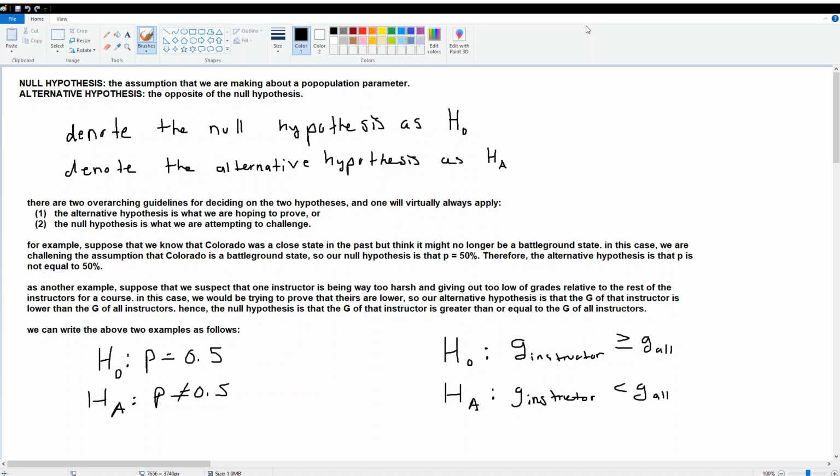We denote the null as H0, which we also call H-naught. Like not N-O-T, but N-A-U-G-H-T. Our alternative hypothesis is HA. And for these hypotheses, you will define one of them, and then therefore the other one is the opposite of the one that you're defining.